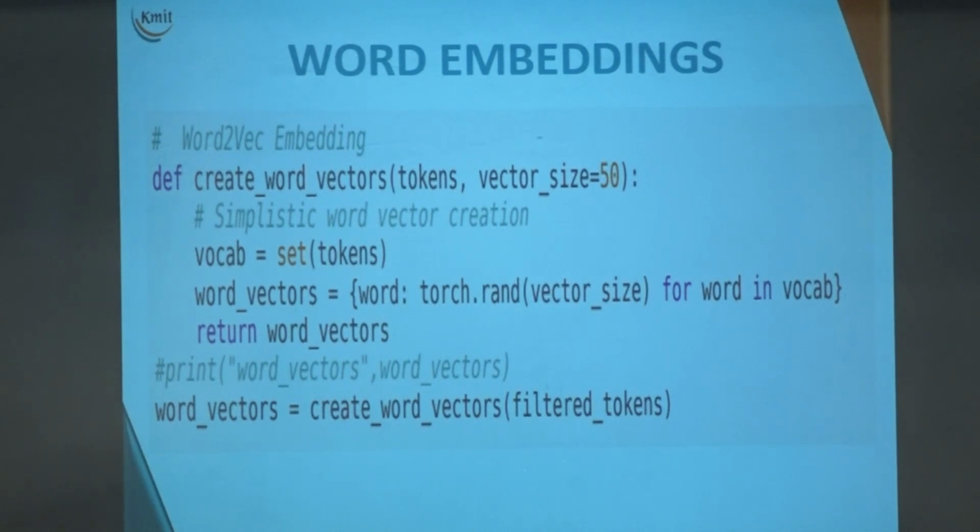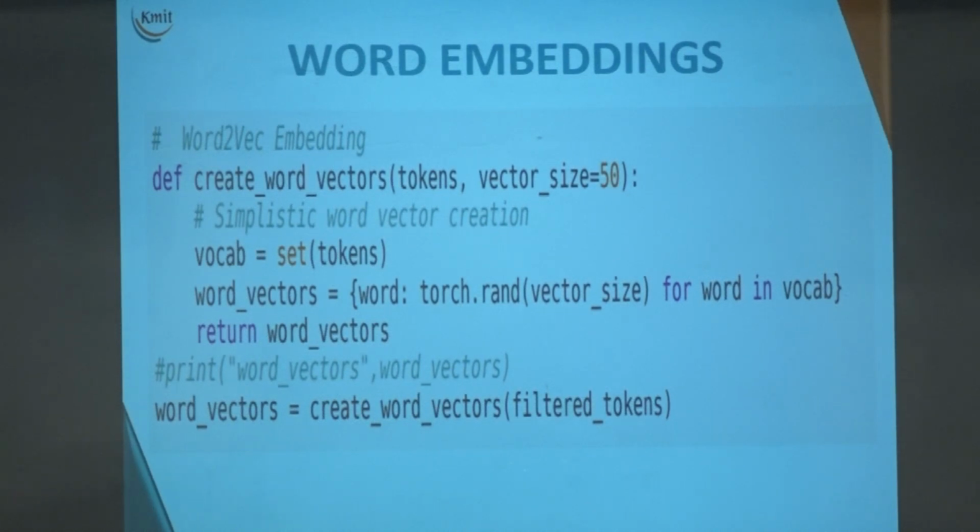Here I am setting it as 50. So vector size is 50, passing on to my tokens. These are the two parameters that I am going to give to my word to vector conversion method: create word vectors taking input as tokens and vector size as 50.